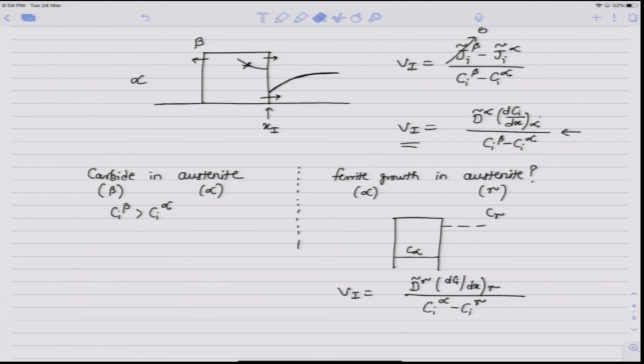Now, in this case, for the growth of ferrite, again the interface velocity has to be from left to right, that is positive, but C_i^α here is less than C_i^γ, and so this term is negative, and that is why the gradient has to be negative. That means, in gamma the gradient will be developed something like this.